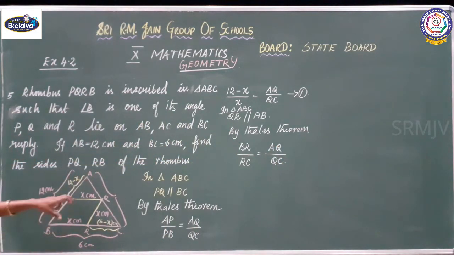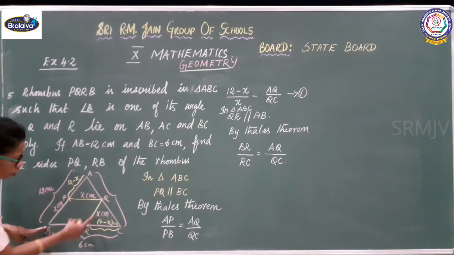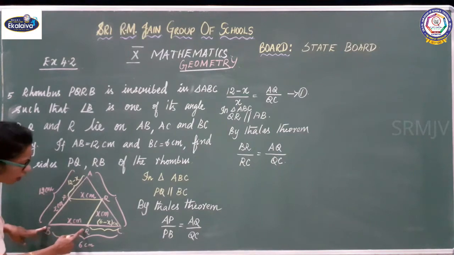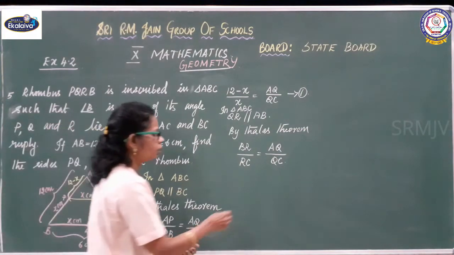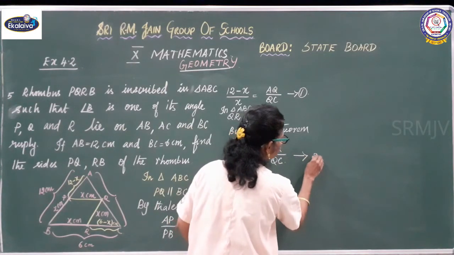If a line is parallel to one side of a triangle which intersects the other two sides in distinct points, then the other two sides are divided in the same ratio. That's why I wrote QR parallel. So, BR by RC equal to AQ by QC. This is your equation number 2.